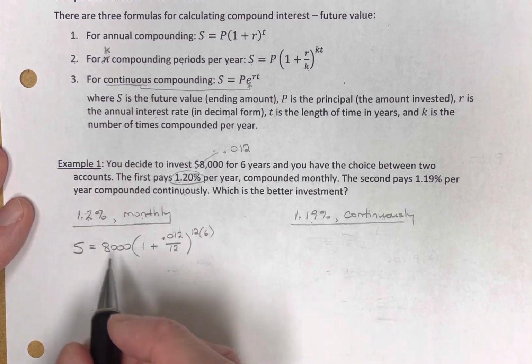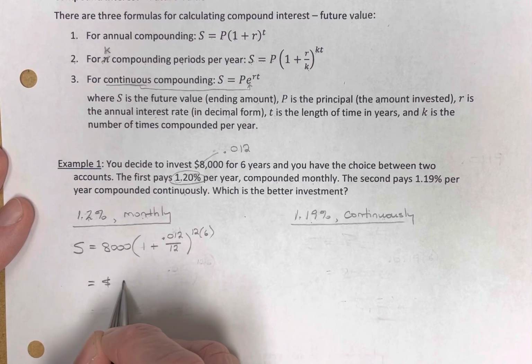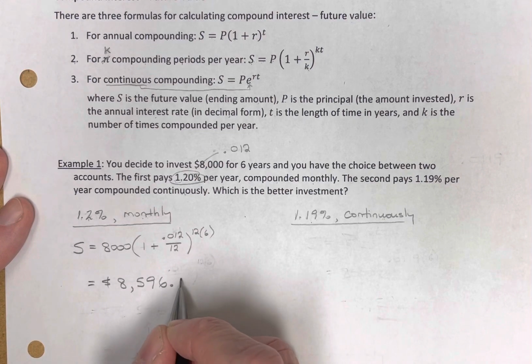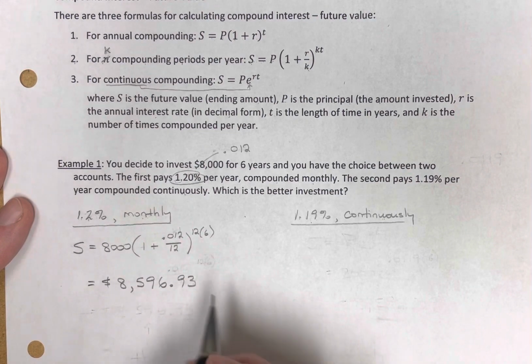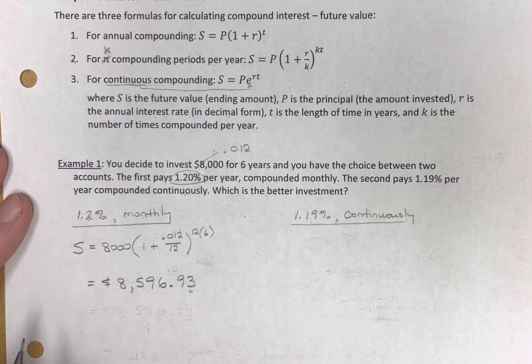This is just simply a calculation. So let's pull out a calculator, and out comes $8,596.93. We'll round to the nearest penny. As a reminder, that's the penny place right there, so round to the 100th place here.